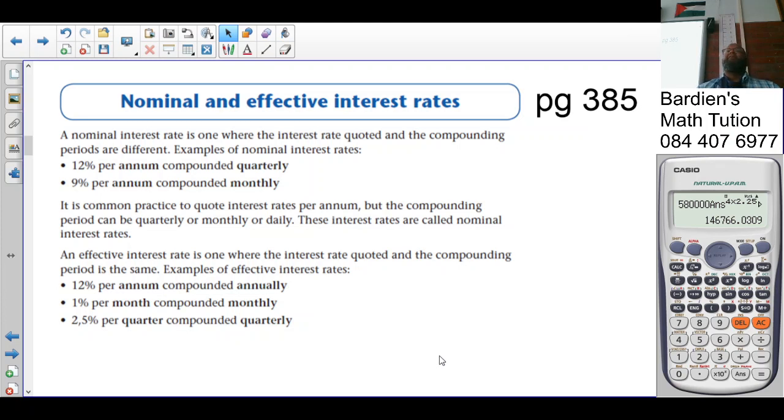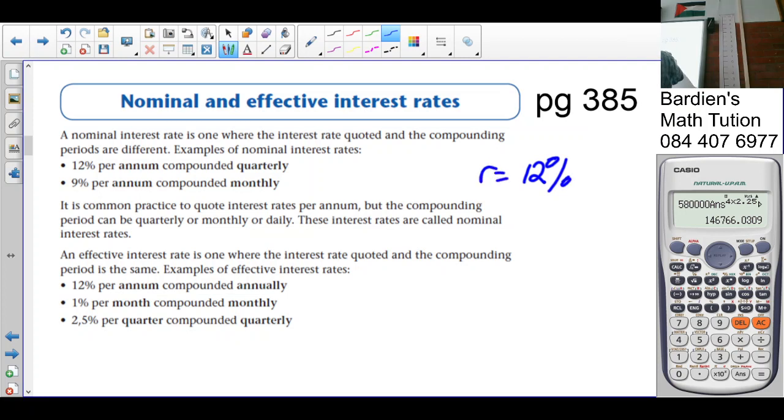Okay. Now if you look at an interest rate of 12% per annum compounded monthly. Per annum means what? Years. Compounded monthly, how many parts in a year? 12. So is that the same? How can it be the same? So your rate is 12% per annum compounded monthly.